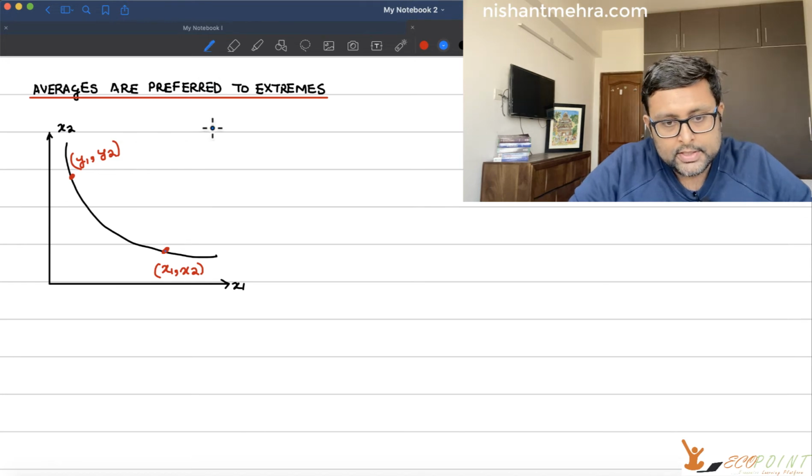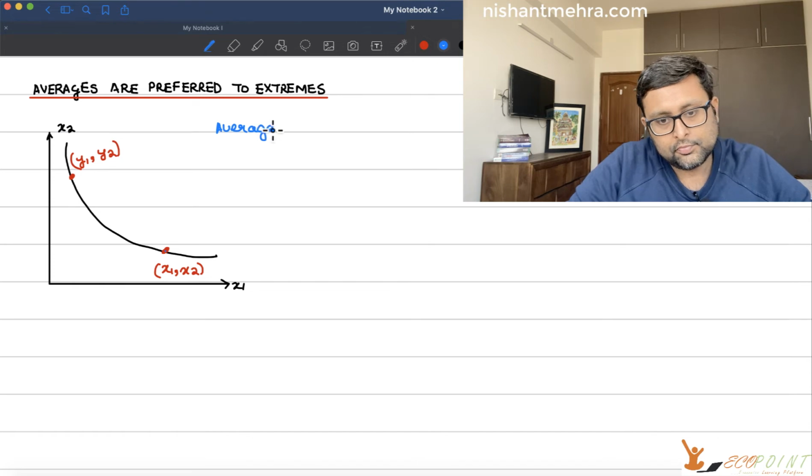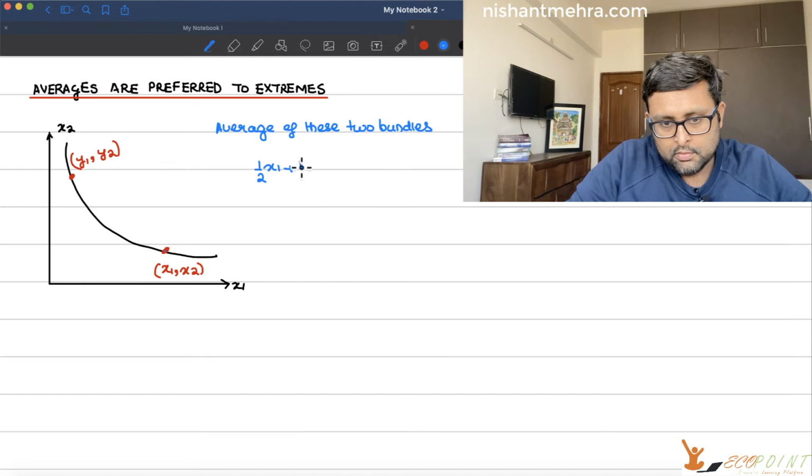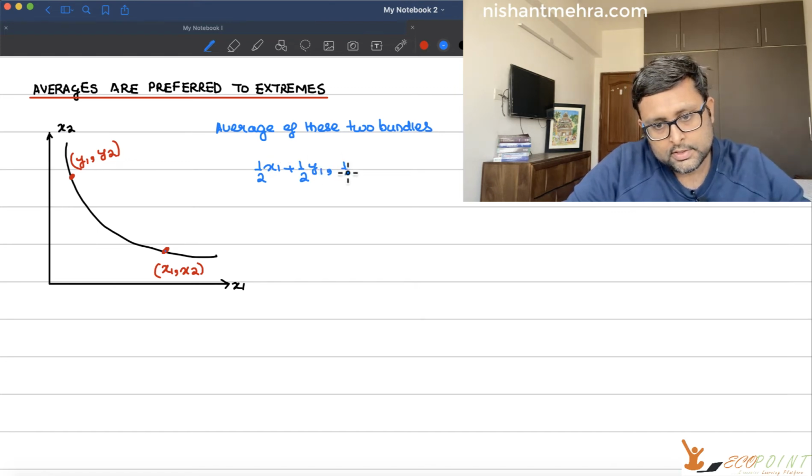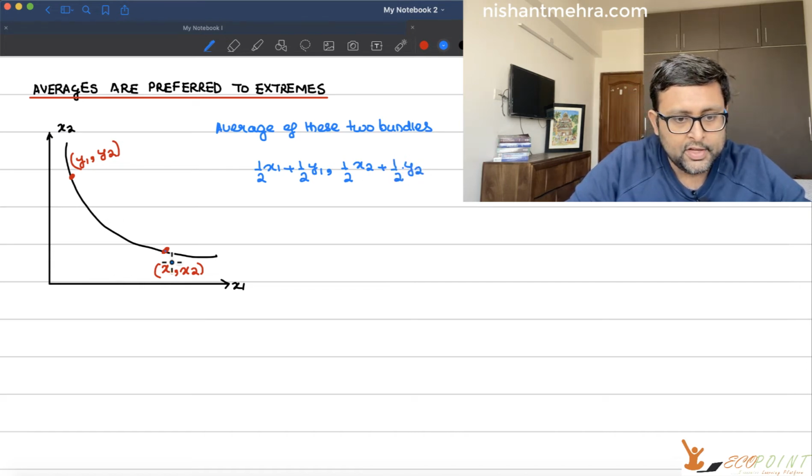So the average of these two bundles is half of x1 plus half of y1, and half of x2 plus half of y2. So this bundle would lie somewhere here.